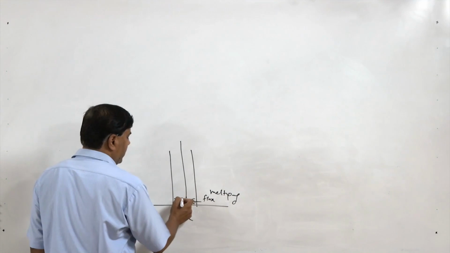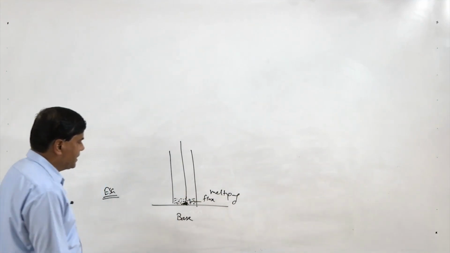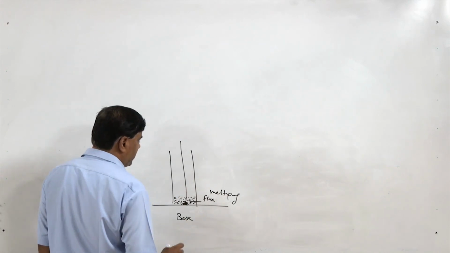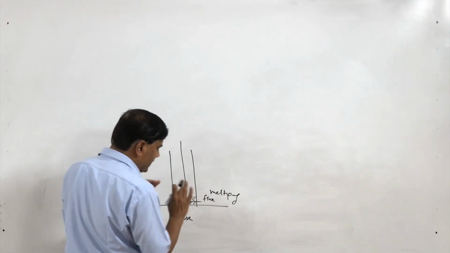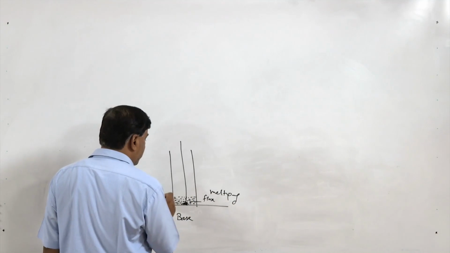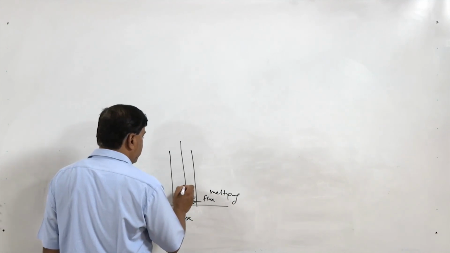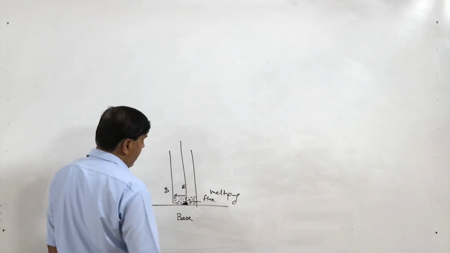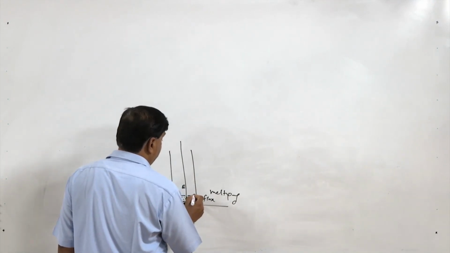Once the flux is brought to the molten state and a sufficient pool of the bath is created, the arc gets extinguished and the flow of current from the electrode to the base starts through the molten flux.